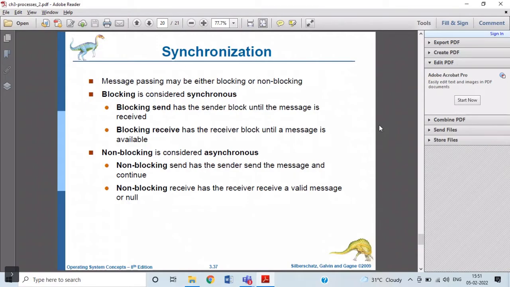That is called asynchronous. Students, are you able to understand synchronous and asynchronous? In synchronous, the sender receives the acknowledgement, but here it won't wait for the acknowledgement. It will continuously send the messages.